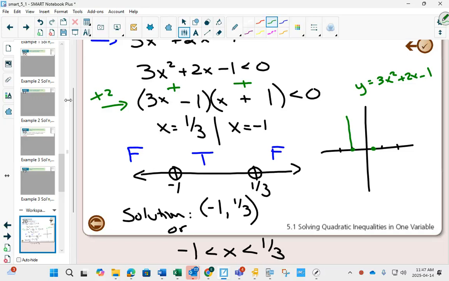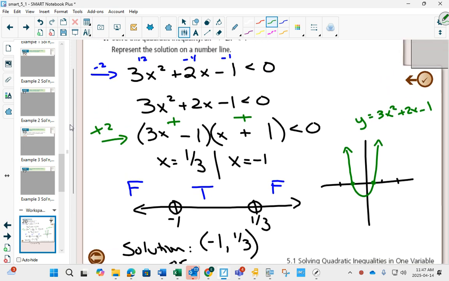So you would know the parabola opens up. And if you want to find out where it's less than 0, all you're looking for is where are your y values less than 0, and that would tell you that it's true in that middle section and not in the other sections.